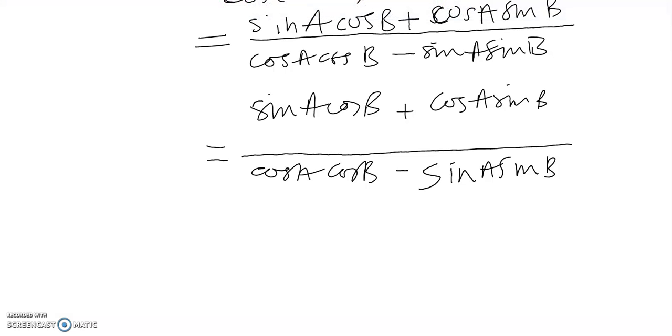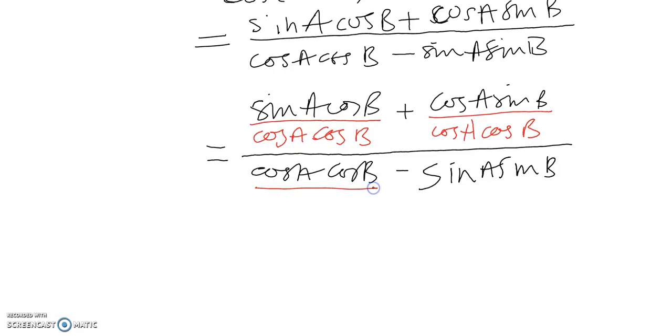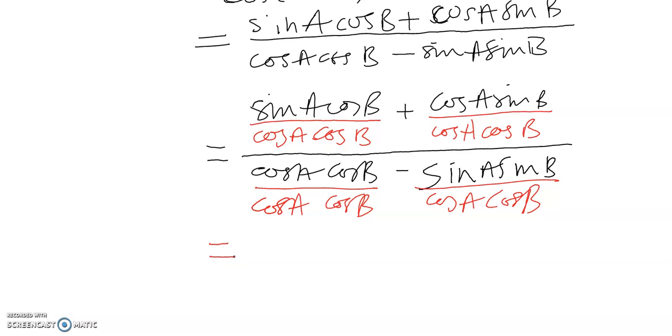So sin A cos B over cos A cos B, that over cos A cos B, and that is over cos A cos B, cos A cos B. With this, now we can simplify some things here, which will most likely take us to where we want to arrive.